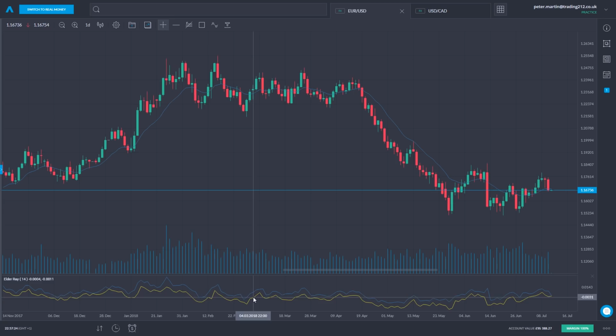So if we look here at that candle that I was looking at, the EMA was an upward slope, so that was okay for buying. And also we see that bear power is negative. It is a negative value there, and it is higher, it has been increasing. So that would match the requirements for a buy. And the requirements for a sell are very similar as well, just the reverse really.